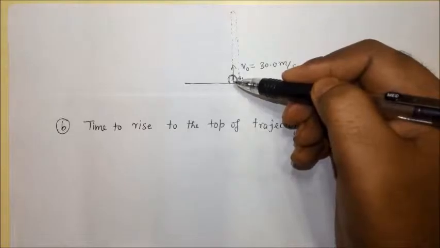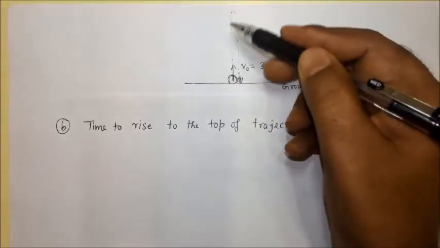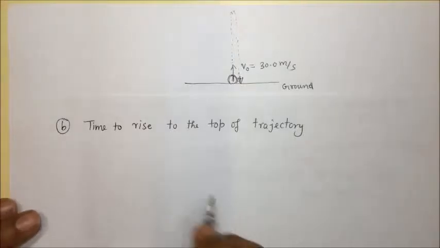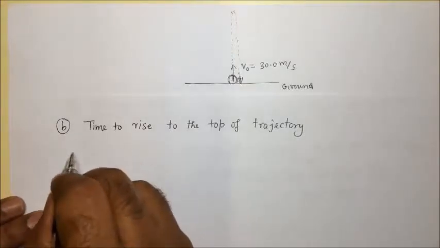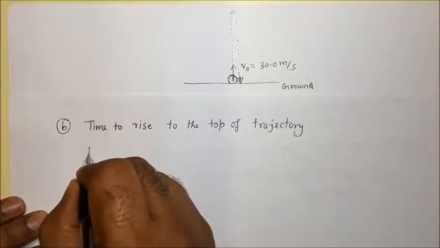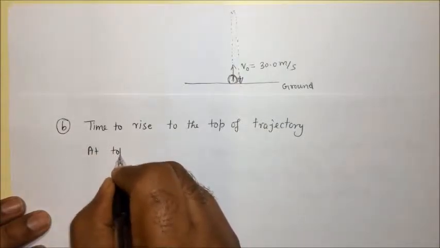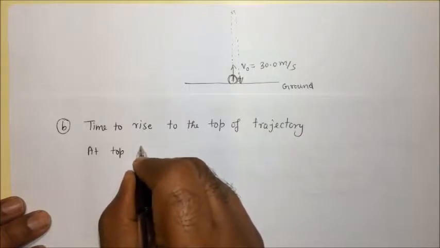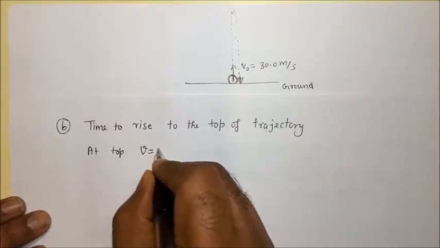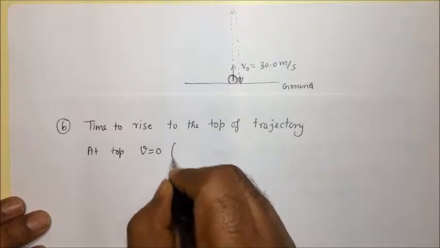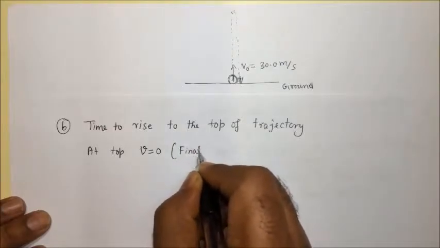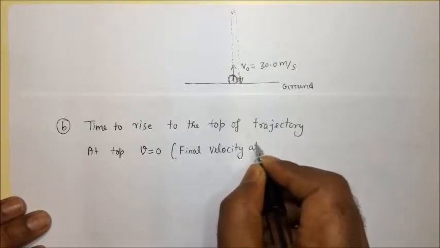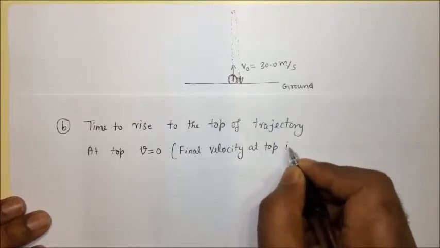So how much time does it take to rise from the ground to the top of the trajectory? Again, at top, v is equal to 0. Final velocity at top is 0.